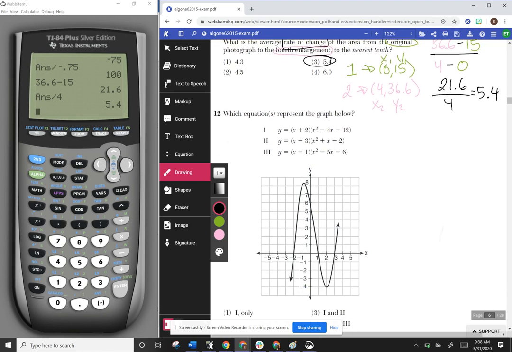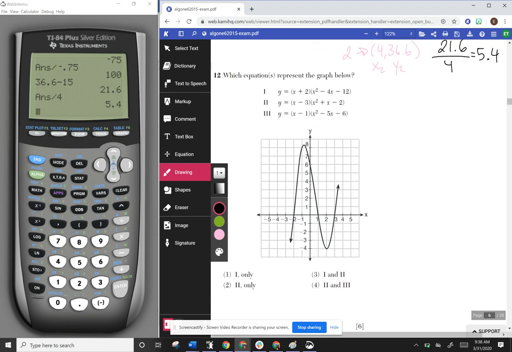Okay, and question 12 will be the last one for this video. Which equations represent the graph below? Okay, so this is another potential graphing calculator question. We can put all of these into y equals and see what kind of graph comes out.